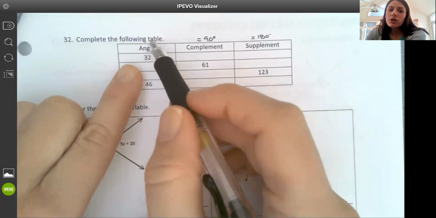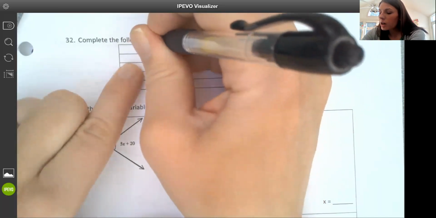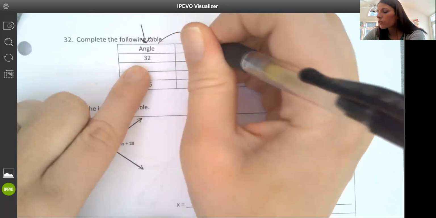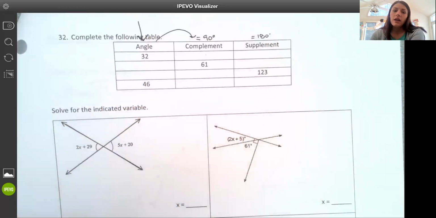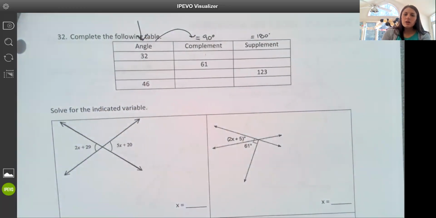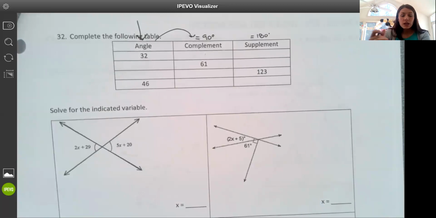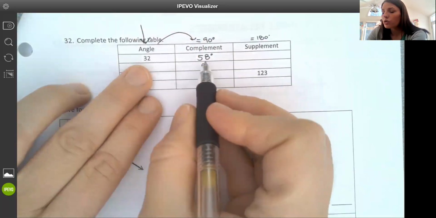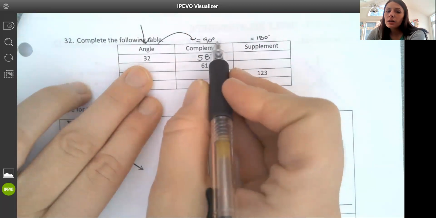The trick here is we always have to go from this column. So if my angle is 32, I go from angle to the complement. The complement, so the angle that would give me 90 degrees with 32 degrees is going to be 58 degrees. 32 plus 58 equals 90.